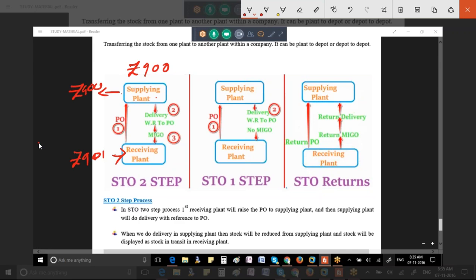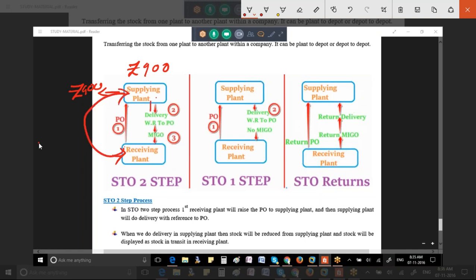Intra-company means only one company code: the supplying and receiving plant belong to a single company code. Whatever we are discussing now is intra-company STO. So the receiving plant will raise a PO to the supplying plant.